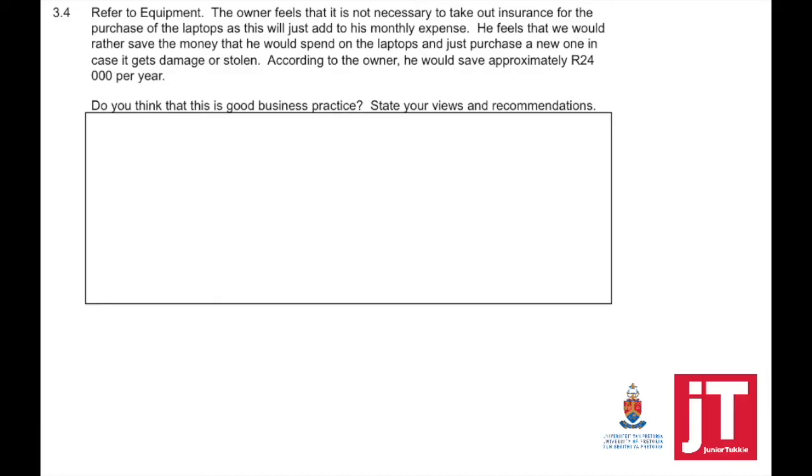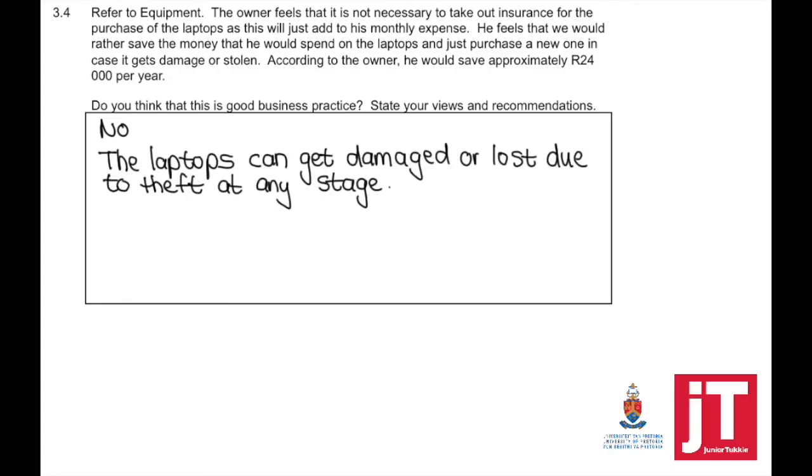So here the owner is trying to cut some expenses, and he feels the best option is not to have any insurance on the laptops that were purchased. So what do you think? Is this good practice? No. Why? The laptops can get damaged or lost due to theft or at any stage.